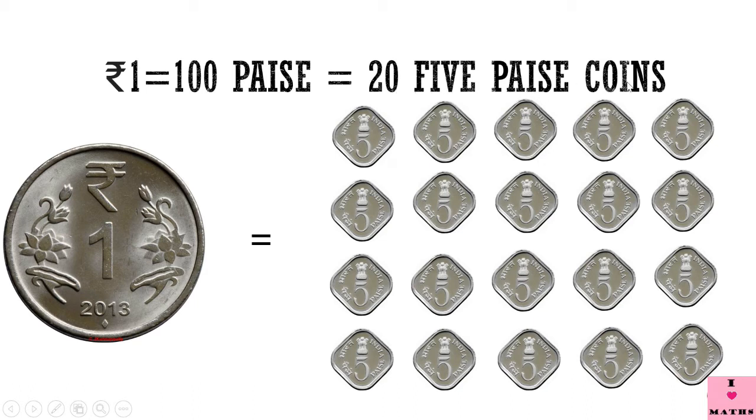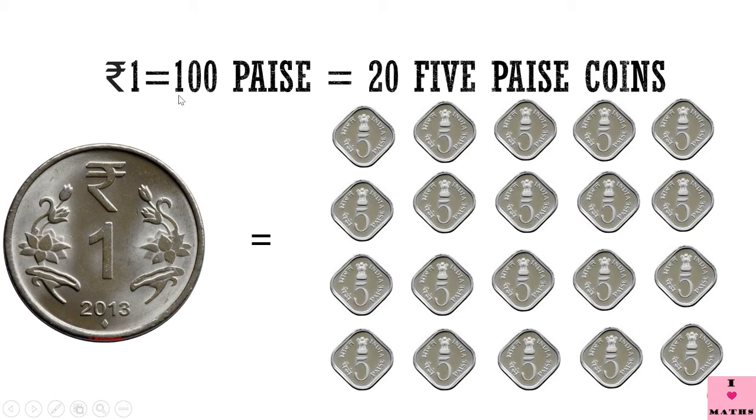20 five paisa coins make 1 rupee. Now you must be wondering how I came to this figure 20. So, 1 rupee has 100 paise. And I want to know how many 5 paisa coins will make 100 paise.